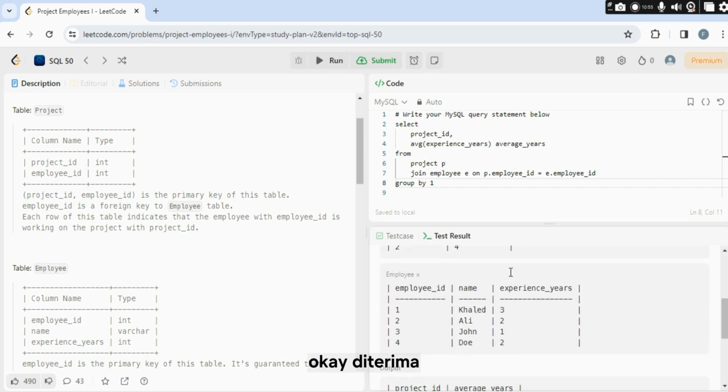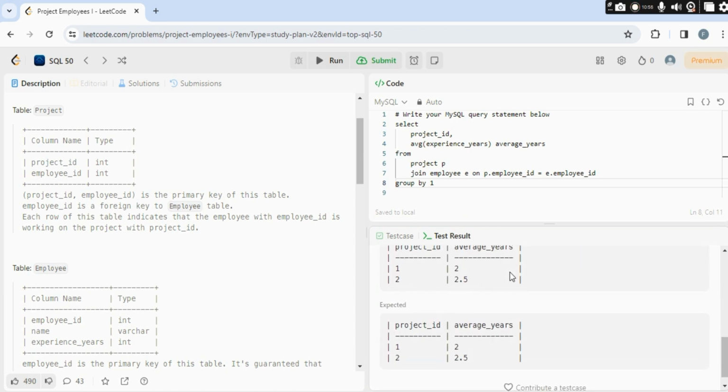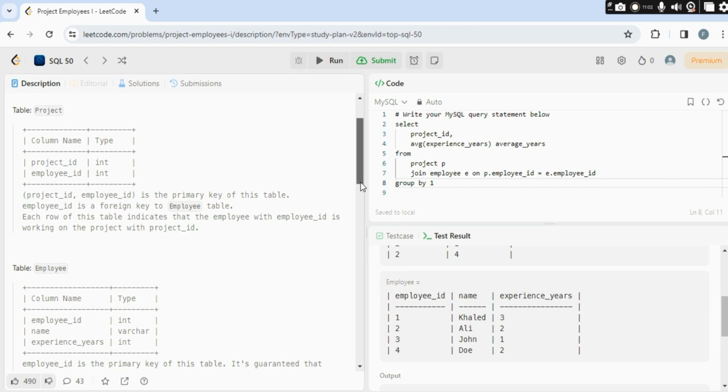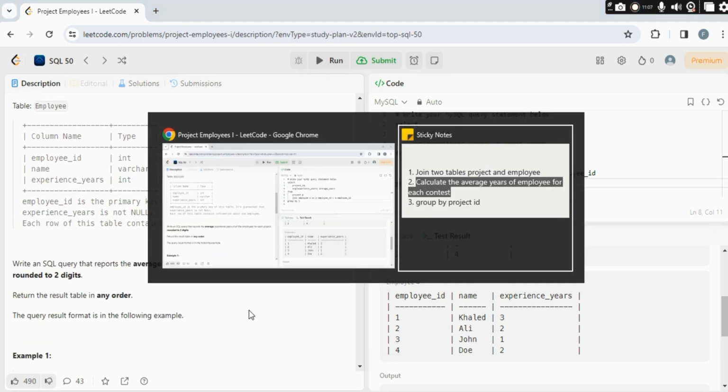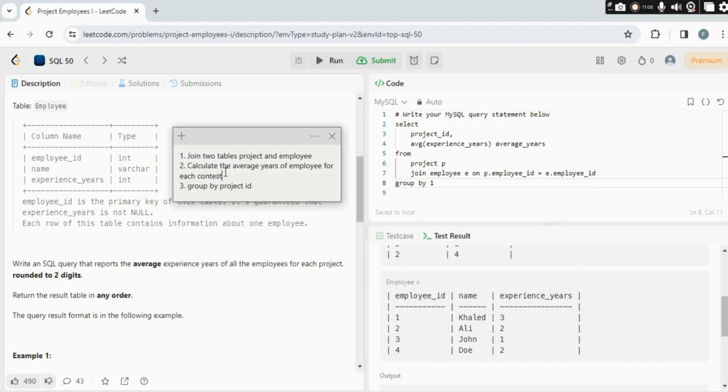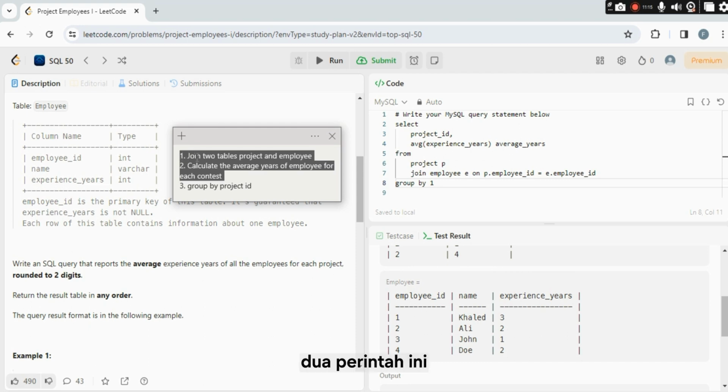Okay, accepted. So we have done these two points.